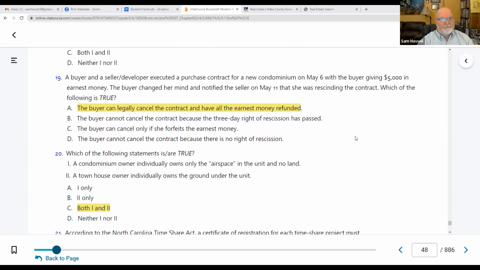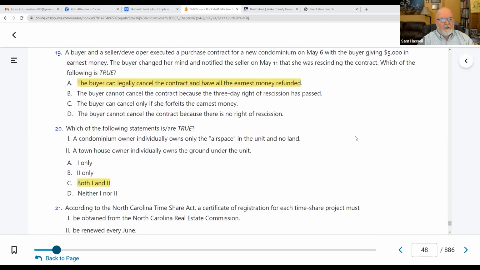Number 19. A buyer and a seller developer executed a purchase contract for a new condominium on May 6th, with the buyer giving $5,000 in earnest money. The buyer changed their mind and notified the seller on May 11th that she was rescinding the contract. Which of the following is true? Now remember, how long do we have on a new condominium project?